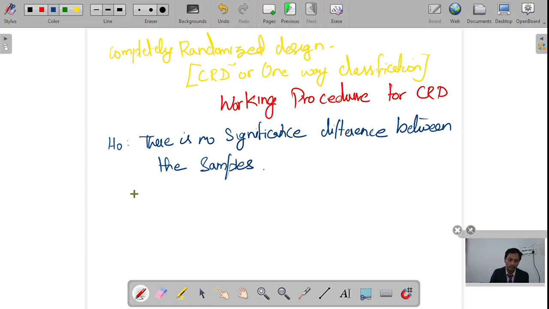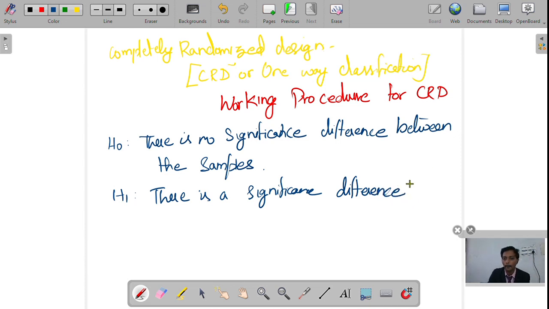H1: there is a significant difference between the samples. Whenever you start a problem, you have to state H0 and H1.